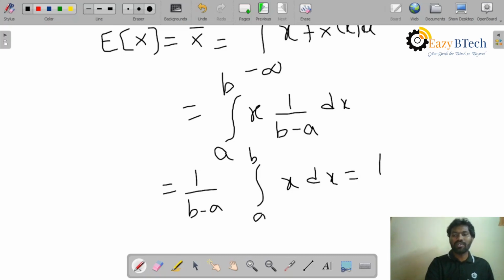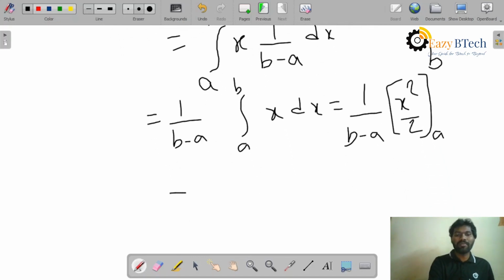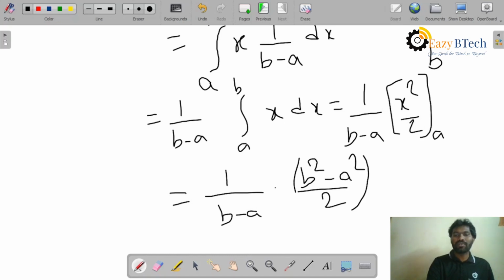The integral of x is x square by 2, ranges from a to b. I'll apply the integral limits, then it becomes 1 by b minus a into b square minus a square divided by 2.